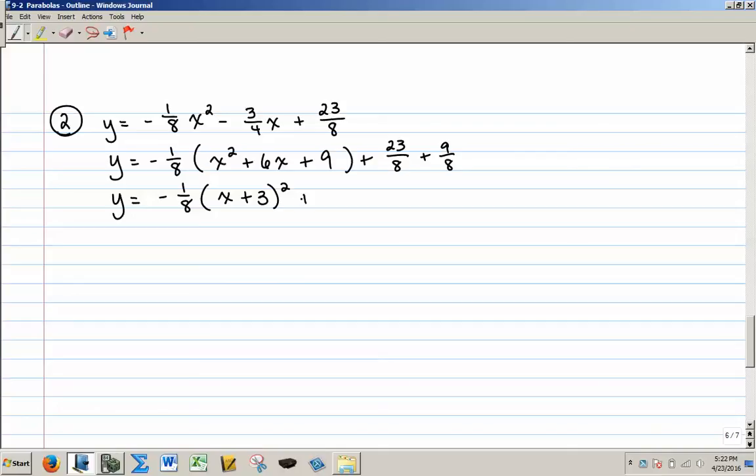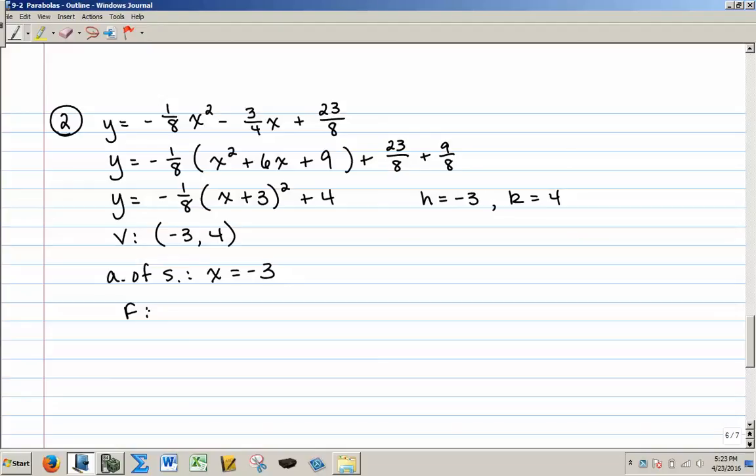8, or plus 4. Now I can see that my h is -3, because remember that's x minus h, and my k is 4. So my vertex is (-3, 4). My axis of symmetry, the line about which this is symmetric, is the line x equals -3. It works off of whatever the x of your vertex is, whatever h is. For my focus, I need to calculate 1 over 4a.